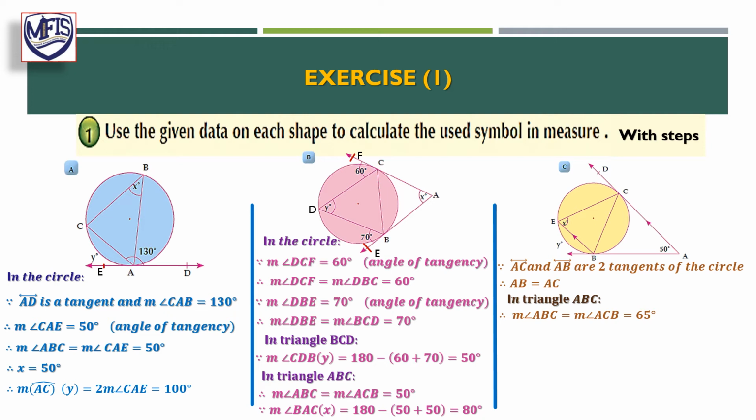Now measure angle ABC equals measure angle ACB, and each of them equals 65 degrees. Angle ABC is an angle of tangency. Therefore, measure angle BEC, X equals 65. Now, I find the value of X.